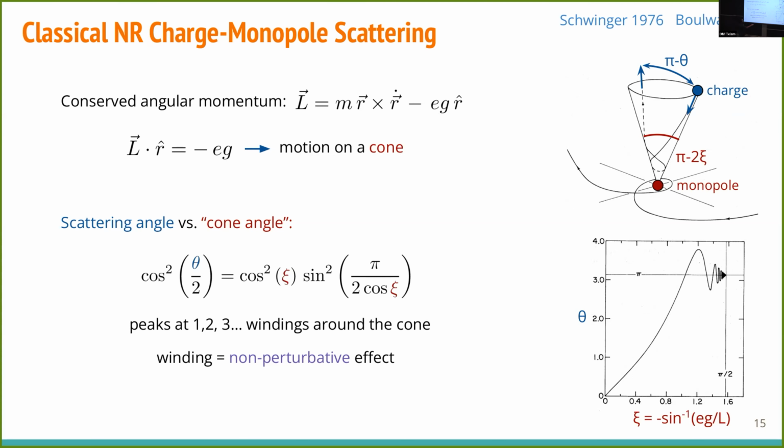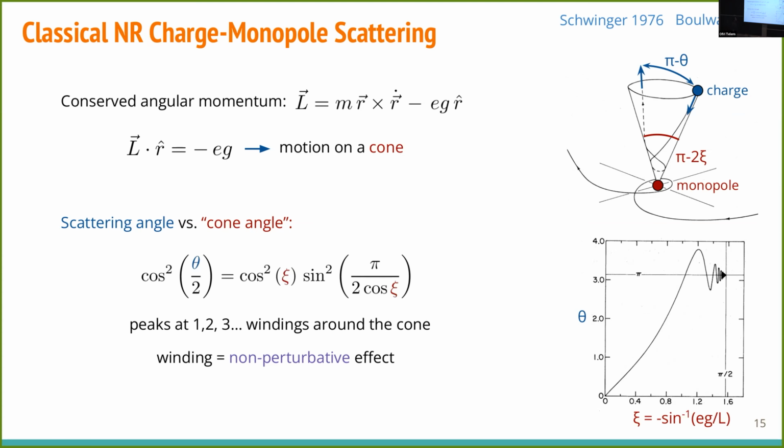So if this is a charge and this is a monopole right here, and you give it an initial velocity, that velocity defines a cone around the angular momentum, the total angular momentum. And from now on, the charge is constrained to move on the surface of the cone. It can wind around it, it can get close, but eventually it has to escape exactly on the cone.